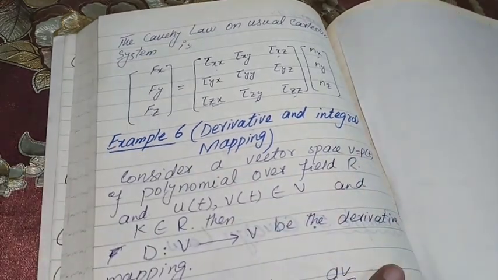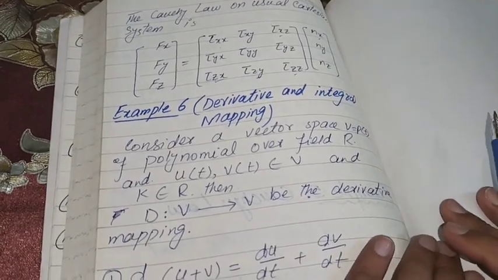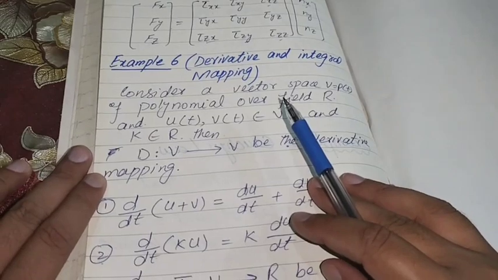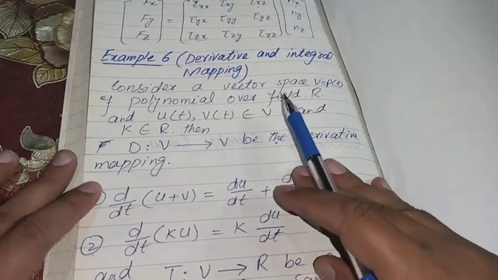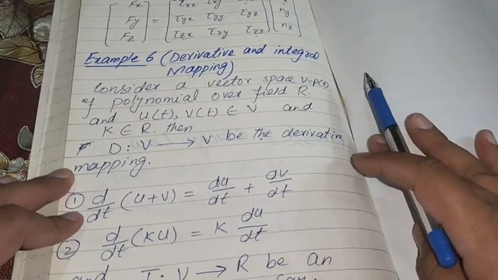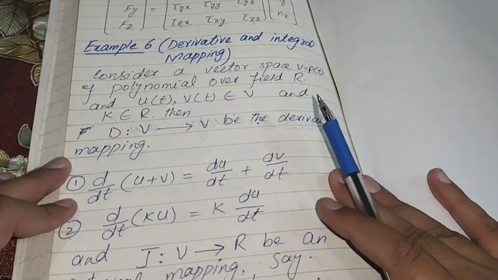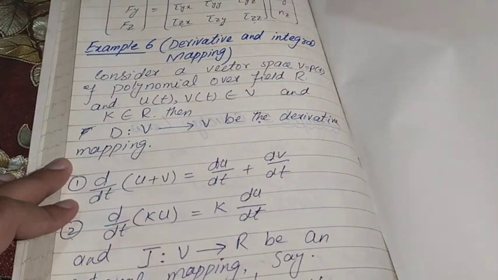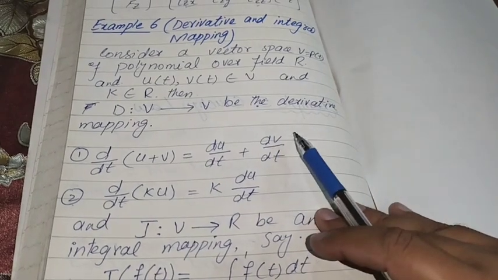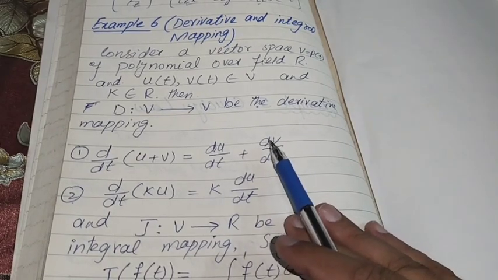Now we will discuss the definition of the derivative and integral mappings. As we already discussed the derivative mapping in the previous example, now we will discuss the derivative and integral mappings again. To discuss the derivative condition, we apply the two conditions of a linear operator in differential form.